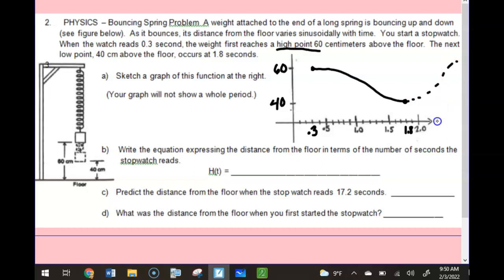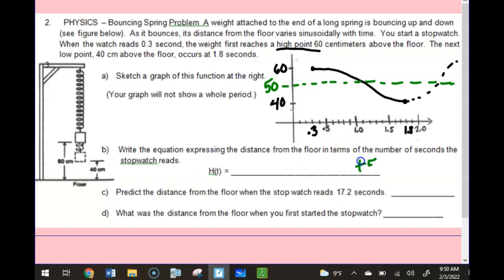Okay. What do we know? Tell me anything. How long half a period is, what the amplitude is, what the midline is, anything, what function we should use. Midline is what? 50. That seems a pretty easy one. Yes, everybody agreeing with that one?